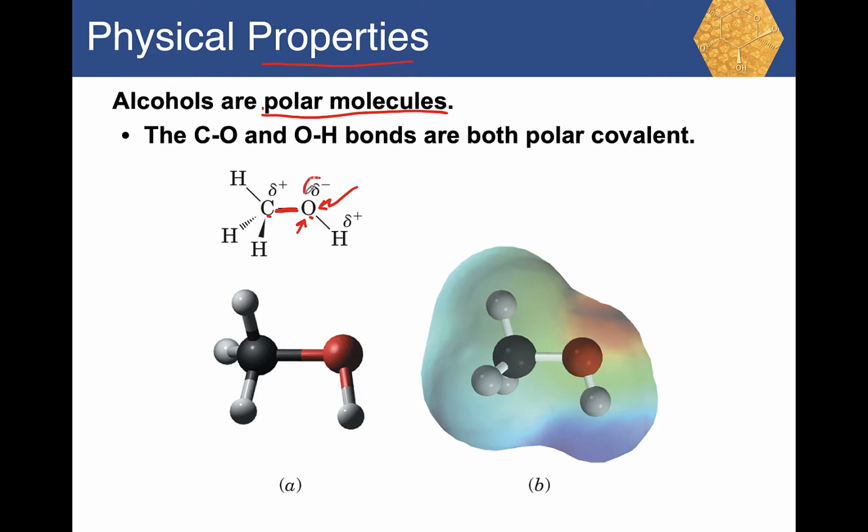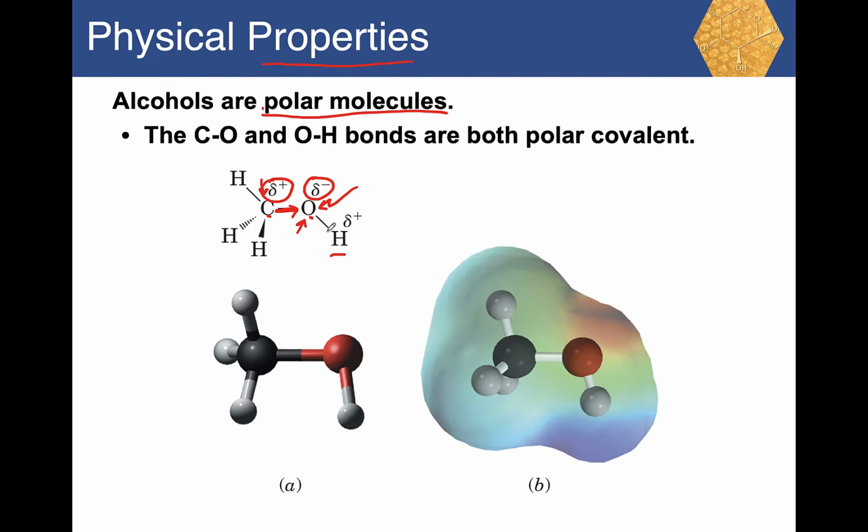So the symbol that's used is delta negative because it pulls the electrons towards itself. If it's pulling the electrons towards itself, that means that this carbon here is partial positive, as indicated with this delta positive. Here's another covalent bond to oxygen because oxygen takes 2 bonds. As you know, hydrogen is very electropositive.